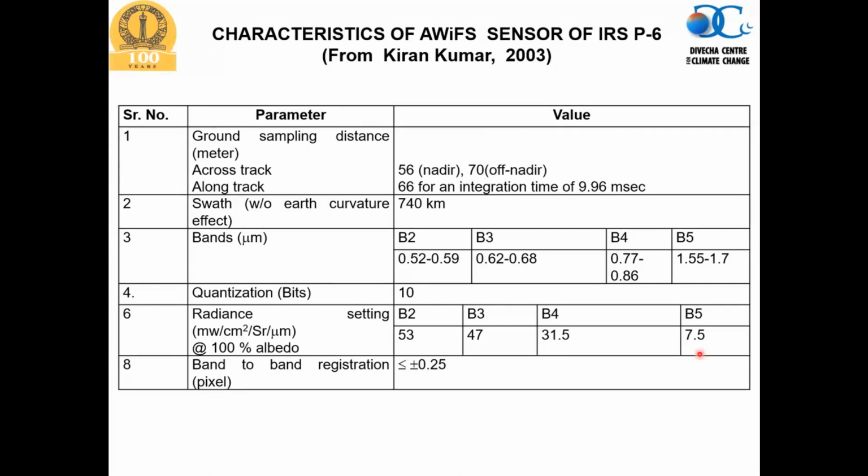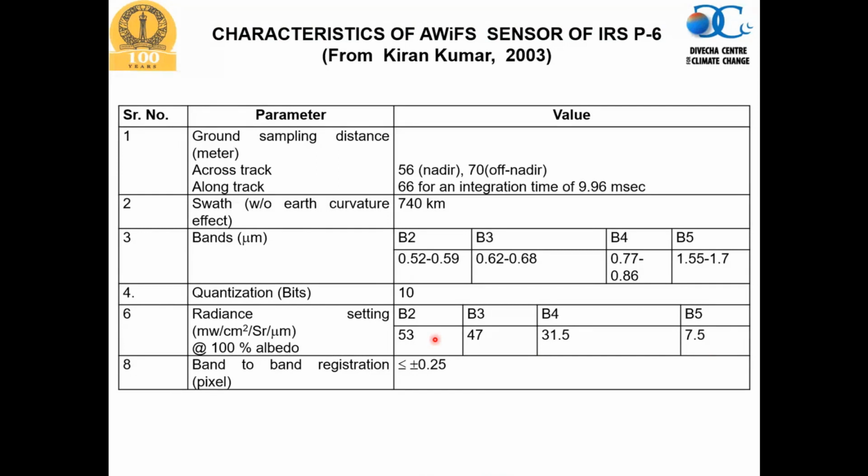It also depends upon how much solar radiation is coming from the sun onto the ground surface. But don't be under the impression that, when you go to the next slide, you can see you can actually have incoming radiation slightly higher than this also.